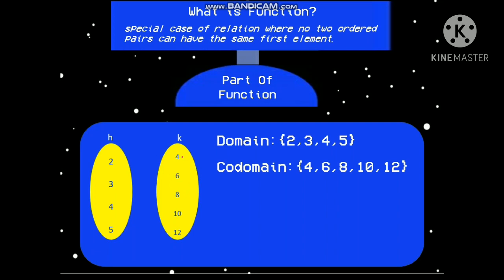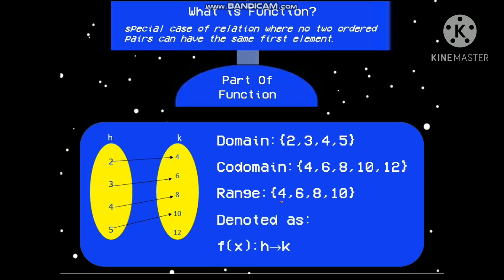This codomain is 4, 6, 8, 10, and 12. And then the third is range. We can say that this range is the result from domain and codomain. The range is 4, 6, 8, and 10. We can write this mapping diagram as f: H to K.